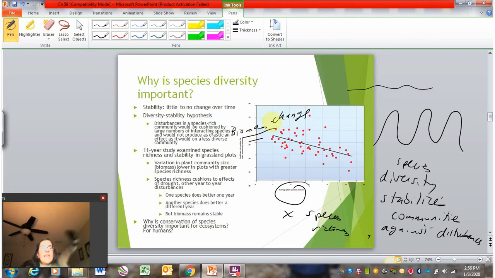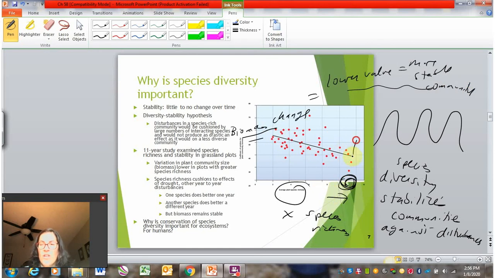So this is like taking all of the grass and measuring how much there is every year. A stable community would have less change, so a lower value is a more stable community. And what they found in this study was, in fact, the higher the diversity value, the lower the change. Therefore, the more stable the ecosystem was.